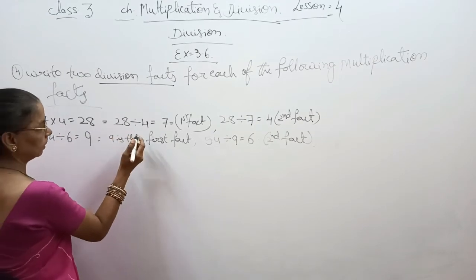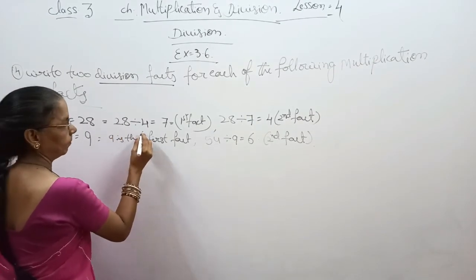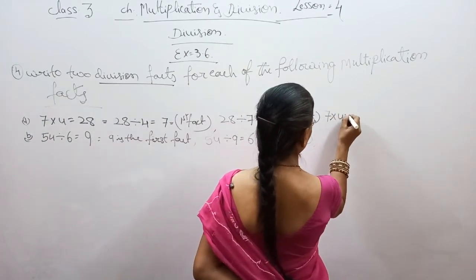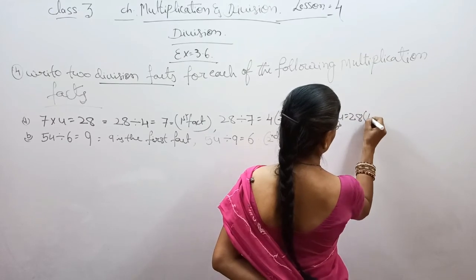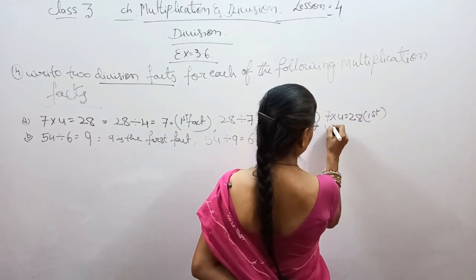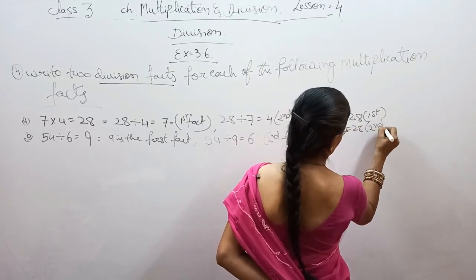We say that here for 7 into 4 equals 28, that is first. Then 4 into 7 is 28, that is second.